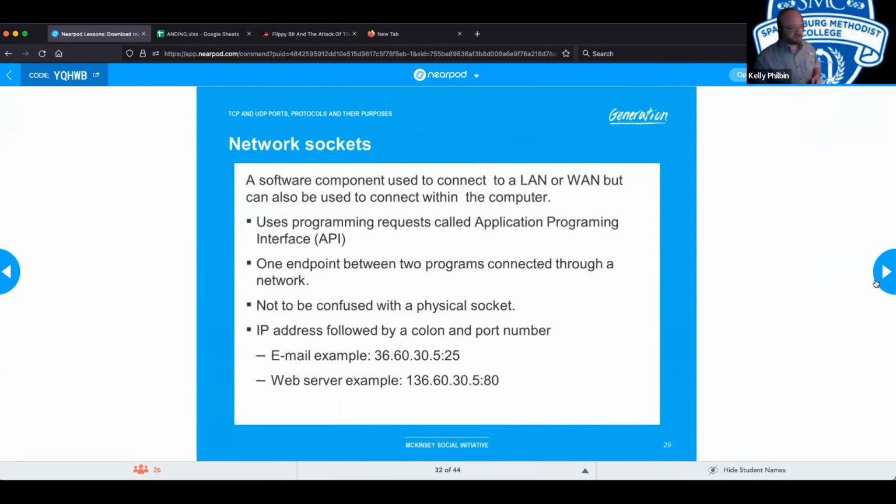This has been a vector of attack for a while. It's also one endpoint between two programs connected through a network. It's not to be confused with the physical sockets or ports on the back of your computer, where you would connect all the wires and the monitors and all that kind of fun stuff. This is software sockets or ports.